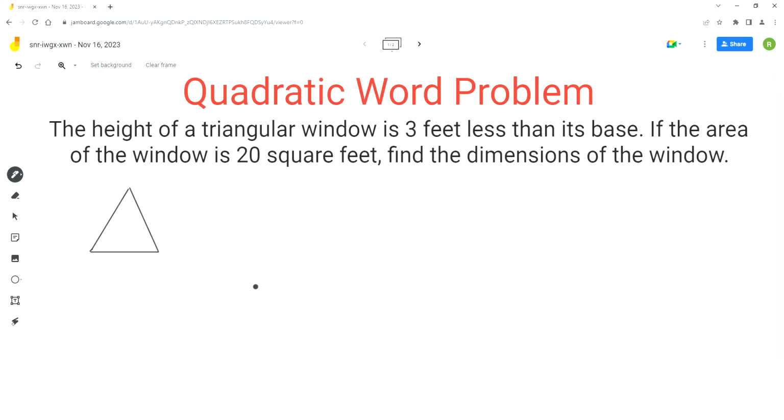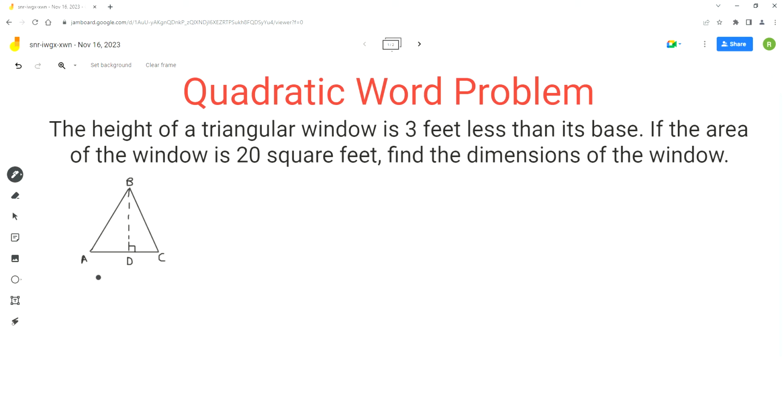If we label the triangle, side AC represents the base of this triangle, which is 3 feet more than the height, because the height is 3 feet less than its base. So the height of the triangle can be represented by this line, which we can label BD.